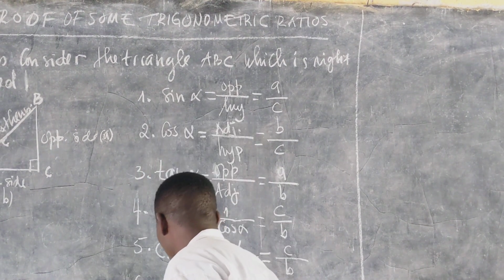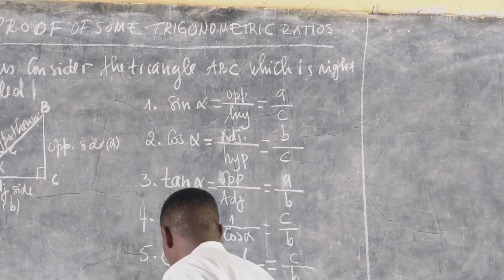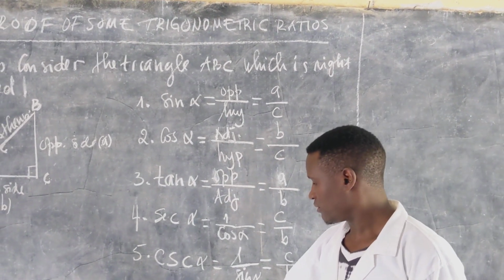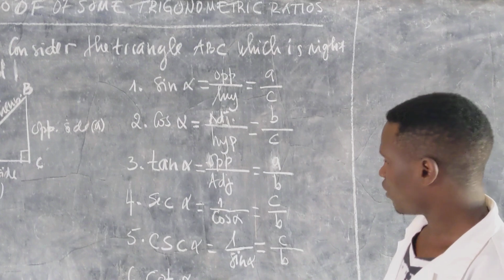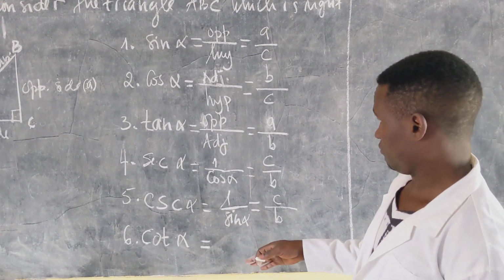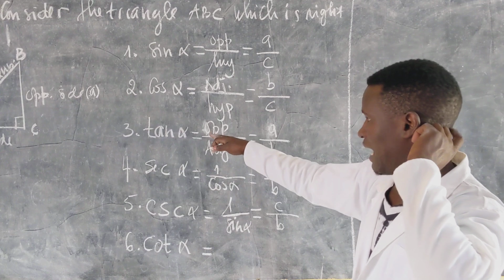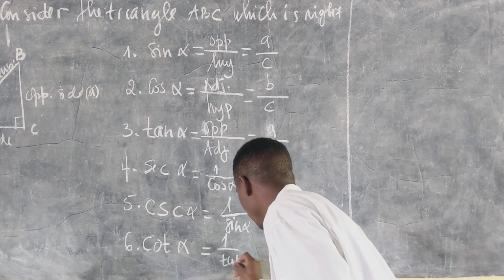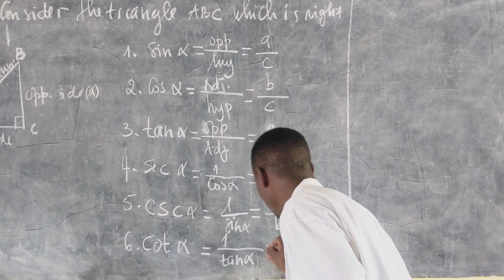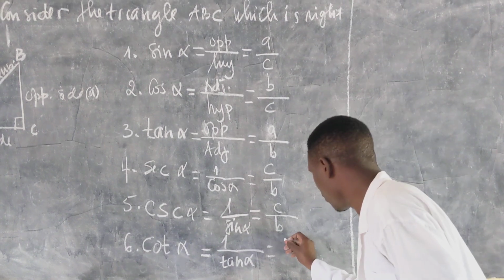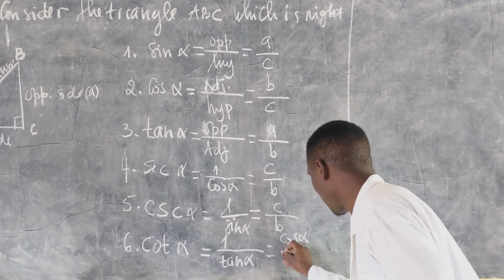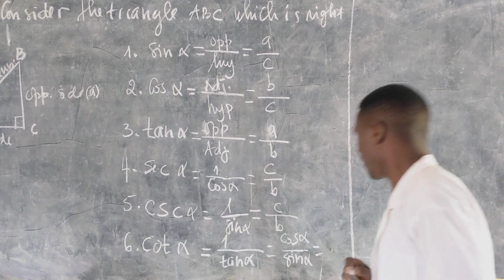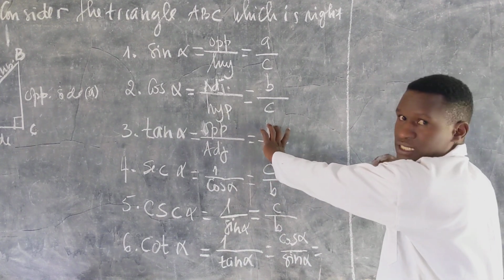The last one is cotangent. Cotangent of an angle alpha is denoted by cot alpha. Cot alpha is the inverse of tan. Cot alpha is equal to 1 over tan alpha, which is equal to cosine alpha divided by sine alpha.